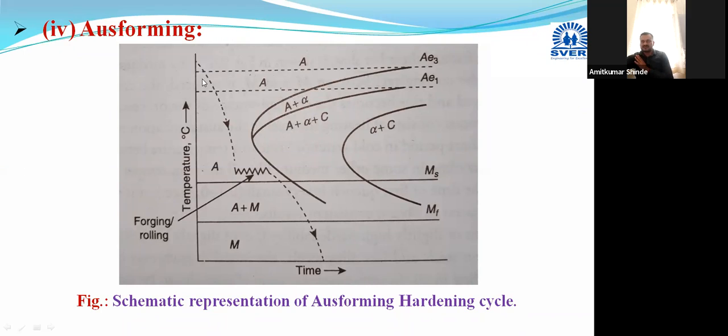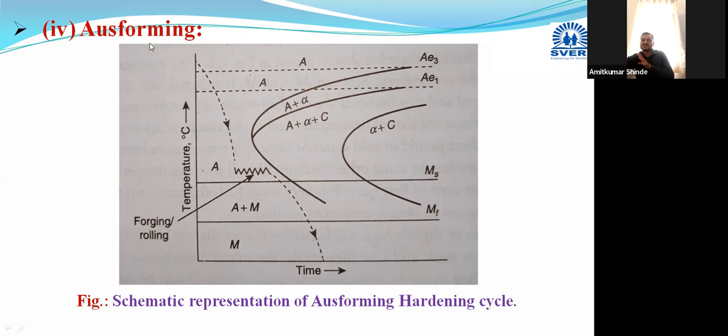Cooling is done, then a forging or rolling operation is done on the component, and then, finally, after conducting the forging or rolling operation, the component is cooled in the oil medium to room temperature. Okay, this is termed as ausforming.